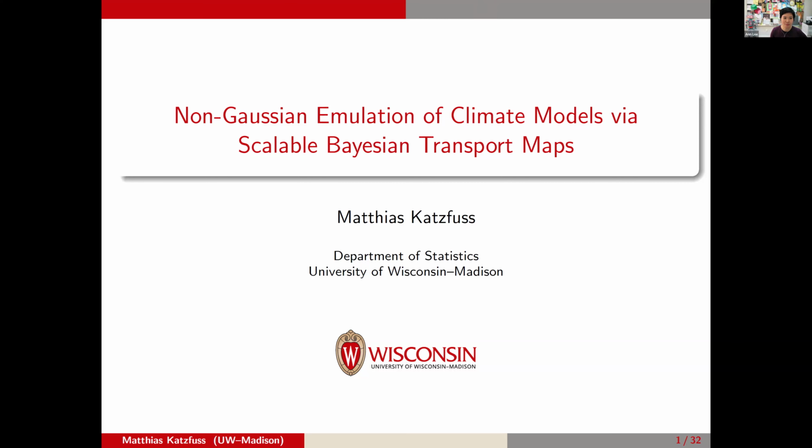And as you may know, Matthias' research expertise include computational spatial and spatial temporal statistics, of course, Gaussian processes, uncertainty quantification, and data assimilation, with applications especially to environmental and satellite remote sensing data. And today, Matthias will talk about his work on non-Gaussian emulation of climate models via scalable Bayesian transport maps. So Matthias, please take it from here.